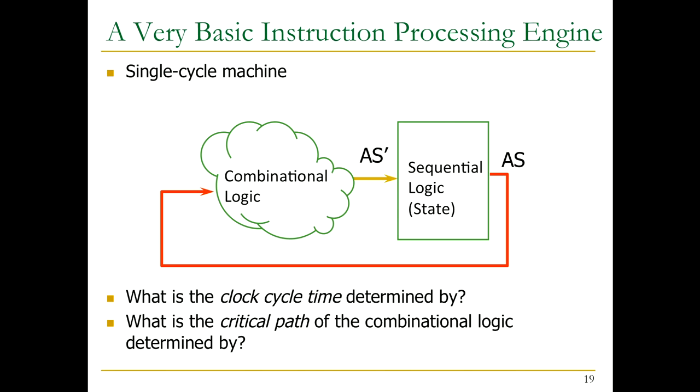And the one that takes longest to execute determines your clock cycle. Now, you've seen in the previous lecture that this was load word, right? You guys remember that? It was load word because load word required multiple memory accesses to fetch the instruction and then to fetch the data and then other stuff in between to generate the address.